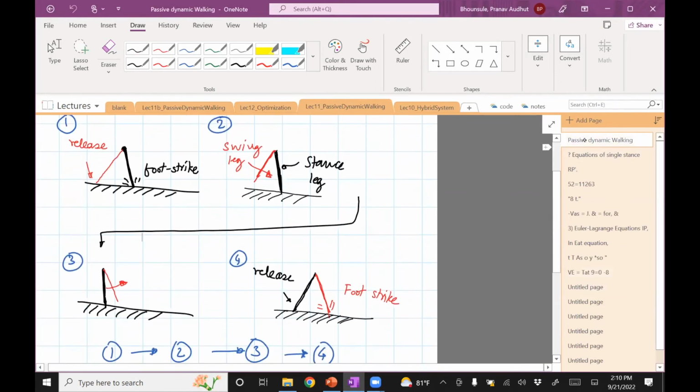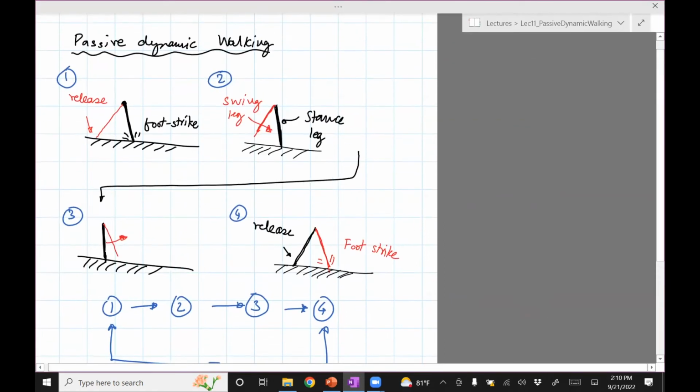The one thing left now before we do simulations is, if you look at the walker, it started at 1, goes to 2, 3, and 4, but from 4, we're back to 1, right? Now, one way of doing this simulation is to keep track of the red leg as leg 1 and the black leg as leg 2, and then you just simulate this.